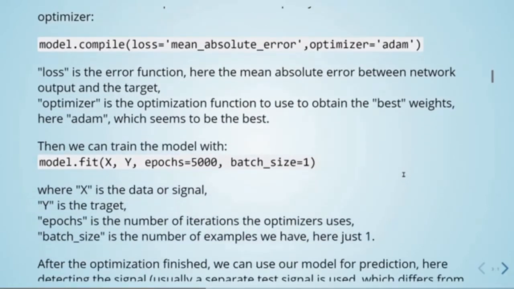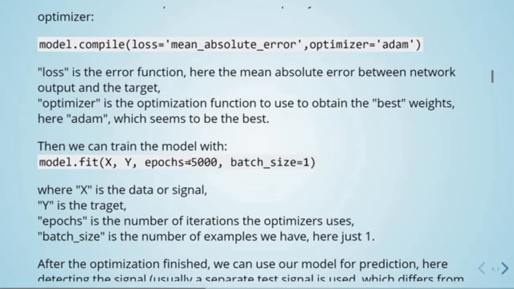So after we compile the model, we specify the loss function, we specify the optimizer, then we can train the model using fit, and then we give the input, the target, and then we give the number of epochs and the batch size.